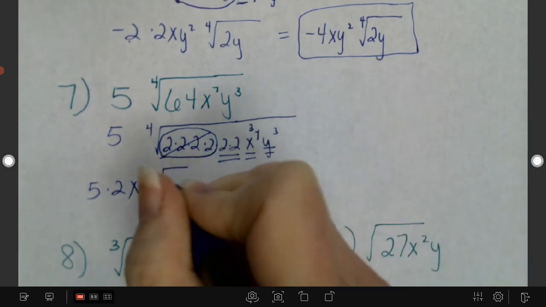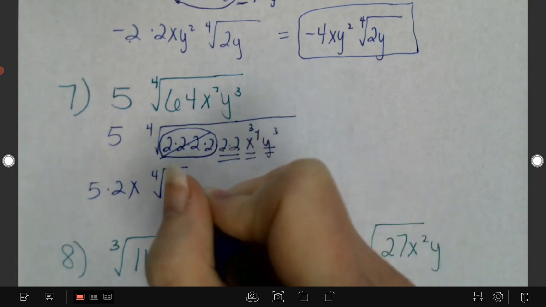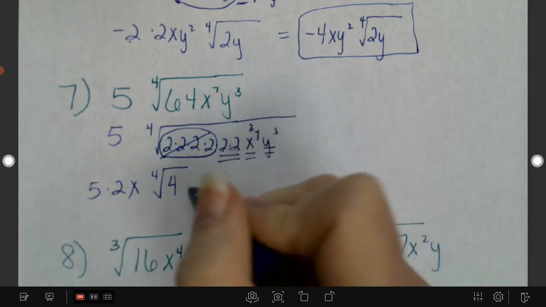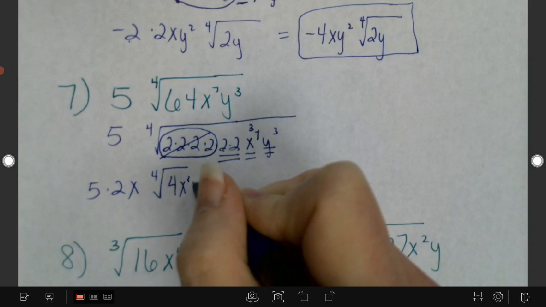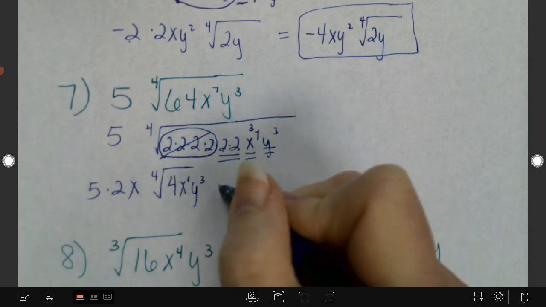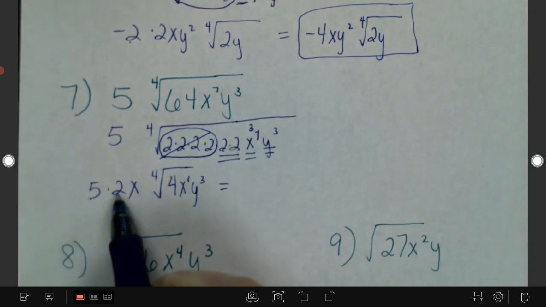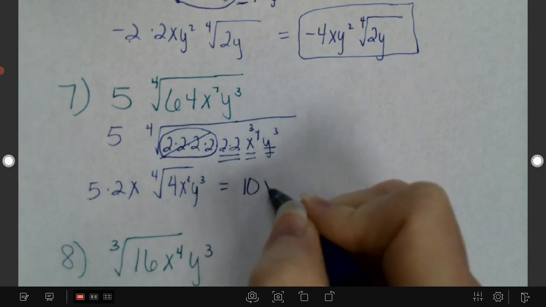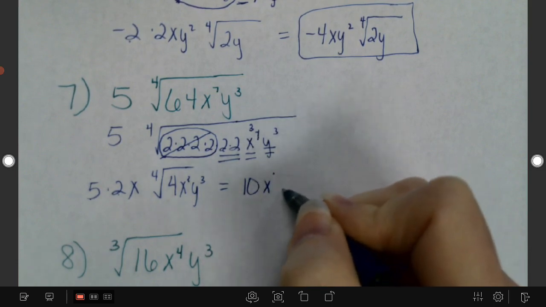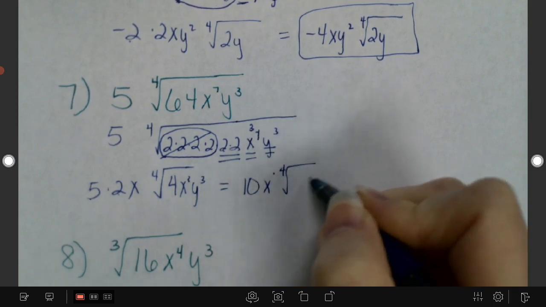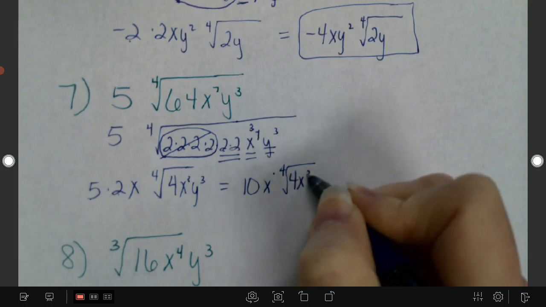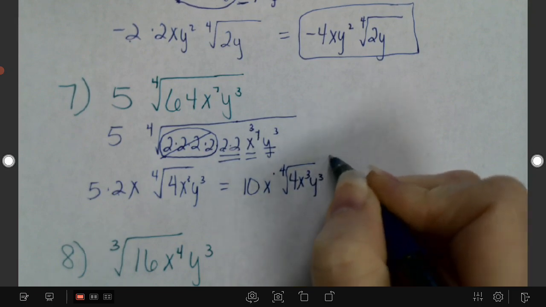So you've got the fourth root. 2 times 2 is 4. We have x to the third and y to the third stay under. So all together, 5 times 2, which is 10, x to the, oops, nothing, and then the 4th root of 4, x to the third, y to the third.